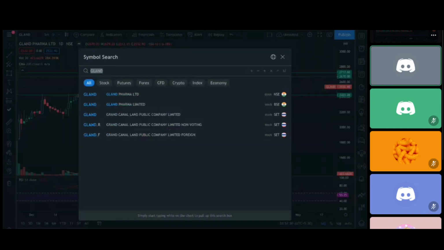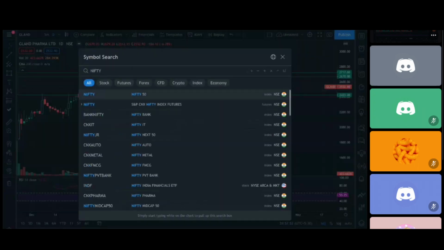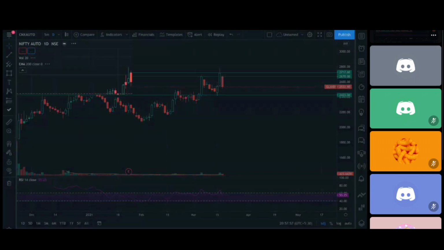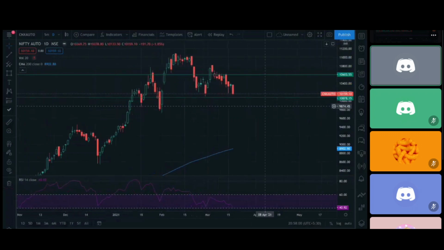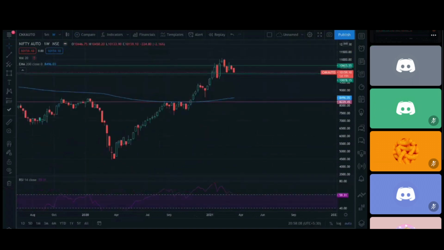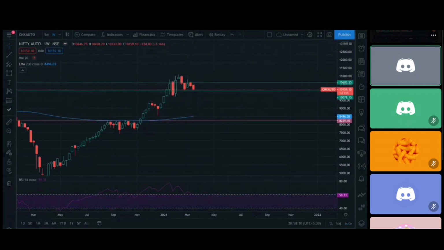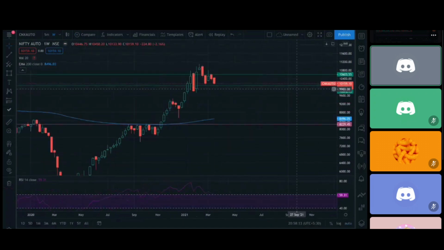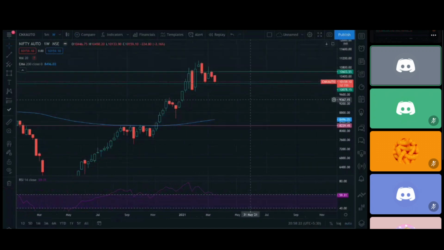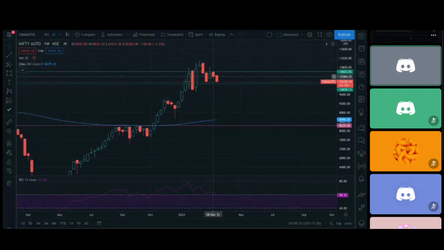Nifty Auto, I think it's a weird stock, weird chart. So weekly, my trend is still kind of bullish, but when you start seeing multiple wide-bodied candles in succession, then you have to consider and try applying other concepts that you have in mind, which is the case here.